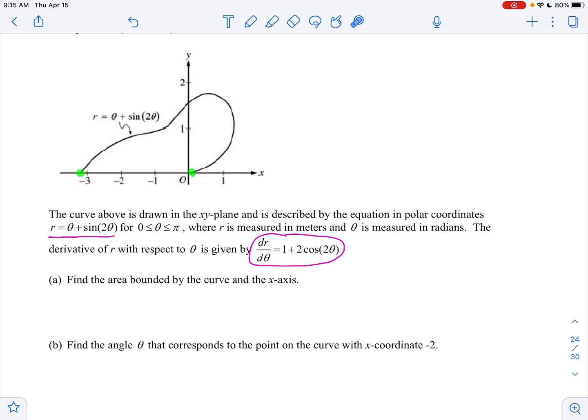So by the time you go from 0 to 3.14, we're finding the area by splitting it into sectors. The parameters already stated give you guys the boundaries for your limits of integration. So area equals 1/2 integral from 0 to pi of r squared, which is theta plus sine of 2 theta, squared.